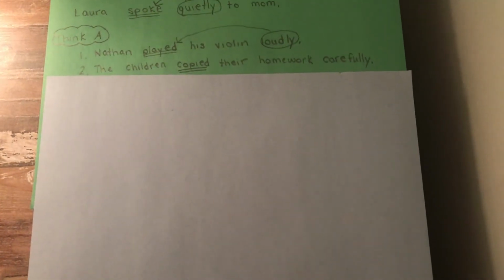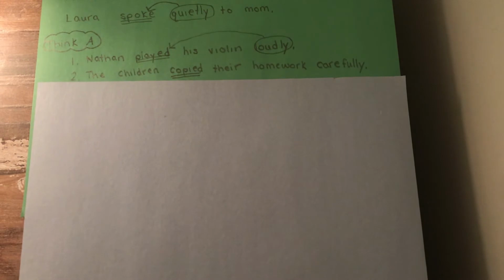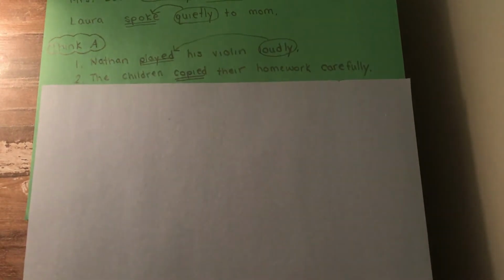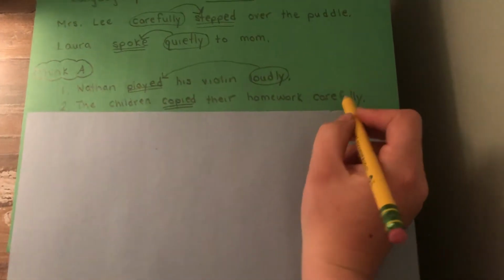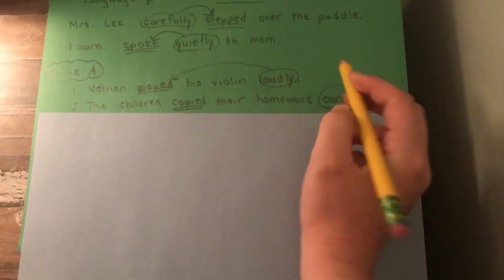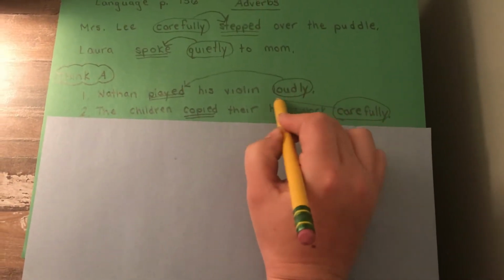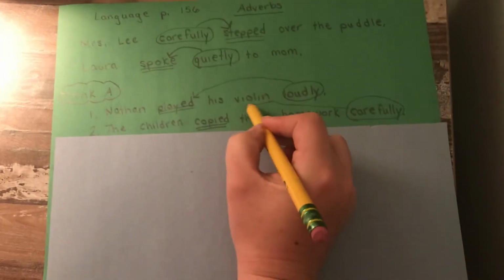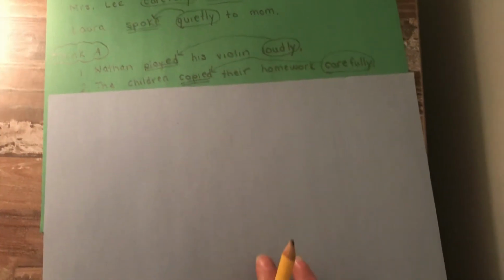They copied their homework. Now I want you to try to circle the adverb. How did they copy their homework? Okay, you should have circled carefully. They carefully copied their homework. Then make sure that you take your arrow and come back to copied.